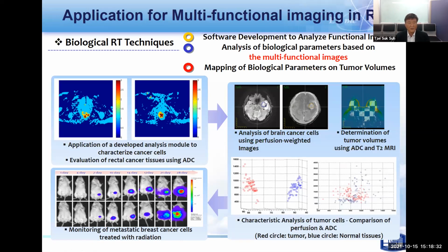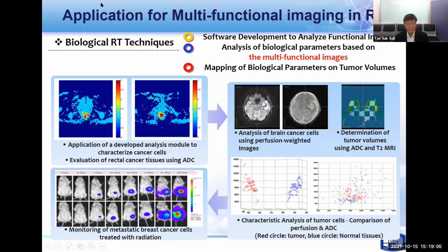Recently, biological radiation therapy techniques have been developed using multifunctional images. Biological RT techniques include software to analyze functional imagery, analysis of biological parameters based on multifunctional images, and mapping of the biological parameters on tumor volumes.